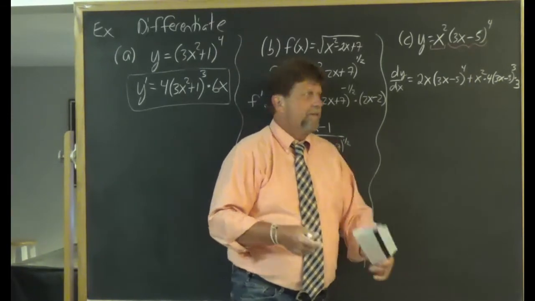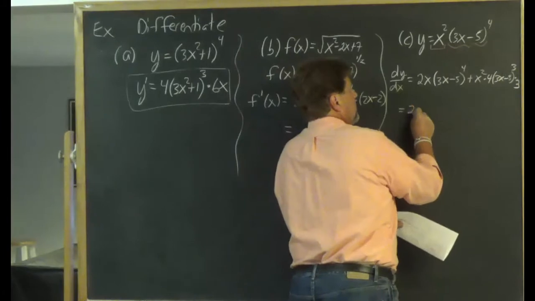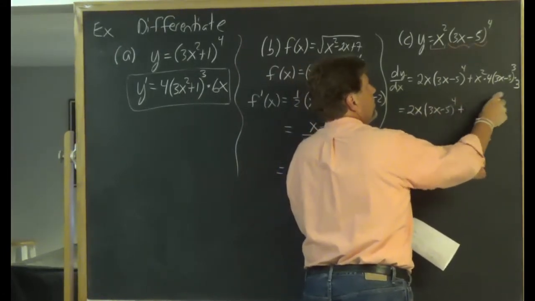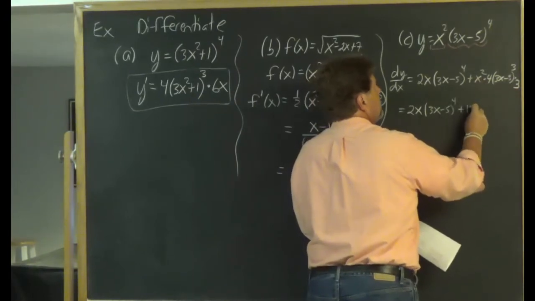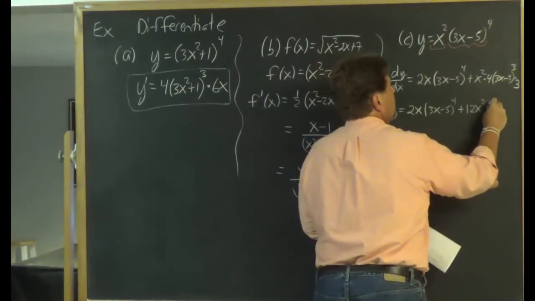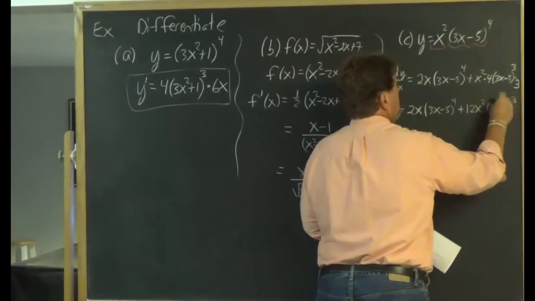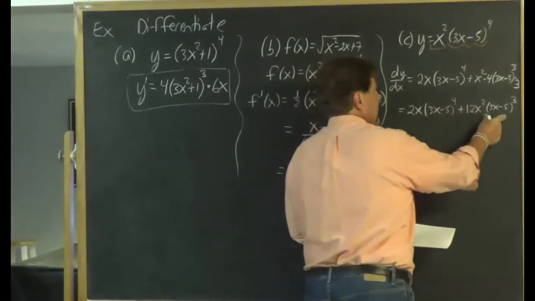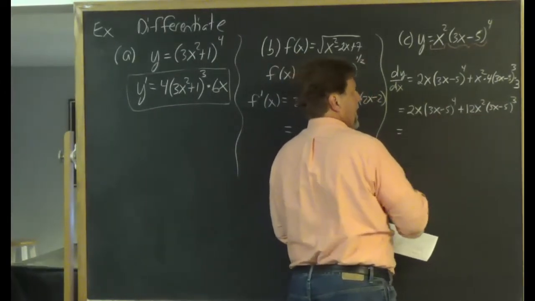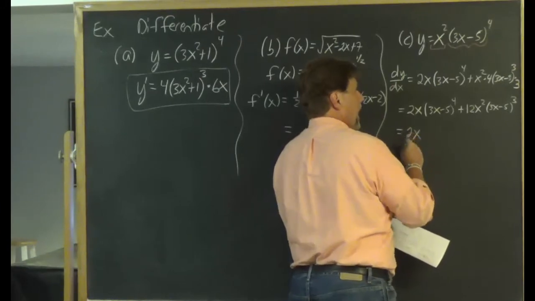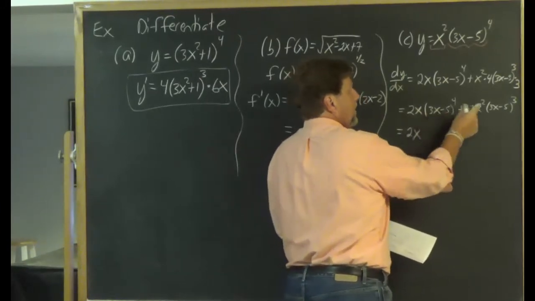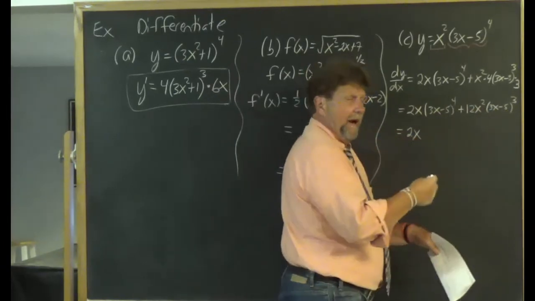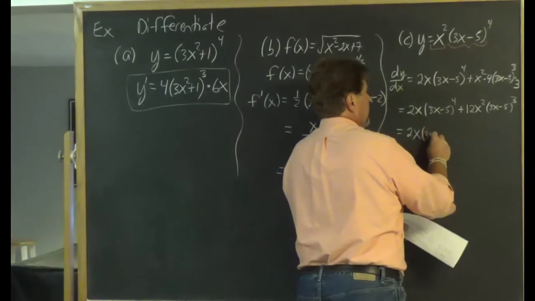Let's just practice a little bit of simplifying. So that's 2x times 3x minus 5 to the 4th power, plus 3 times 4, so that's 12x squared times 3x minus 5 cubed. Now I could factor out a greatest common factor. Each term has 2x as a common factor, and each term has 3x minus 5 to the third power as a common factor.